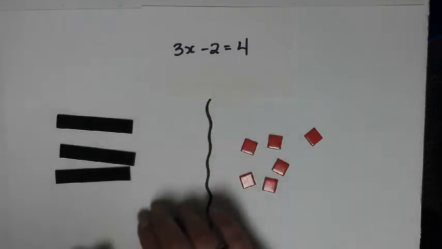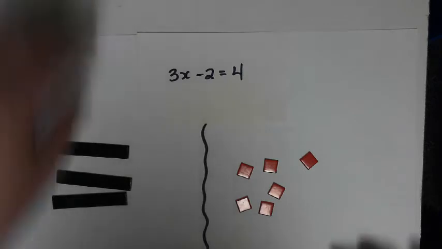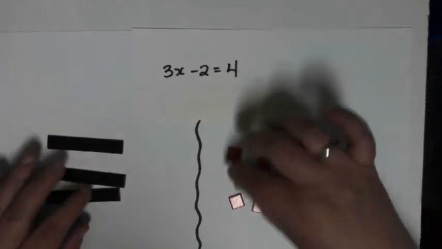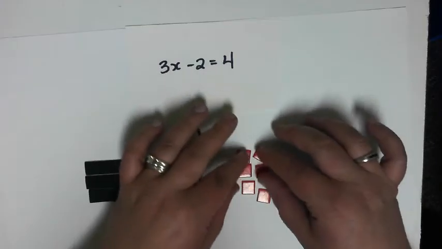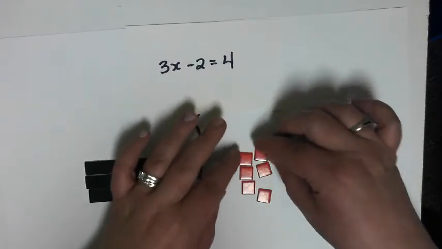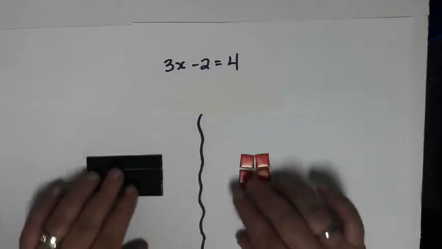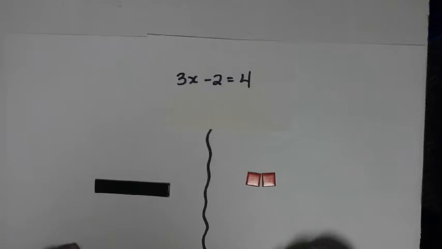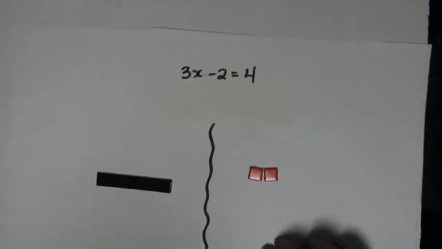Now I can zero that out, and I'm left with 3x plus 6. I'm going to see if I can divide these into 3 equal groups, and looky there, I can. I've got 3x is equal to 6. Since I can divide them into equal groups, I take those out, and I have x equals 2. Kind of neat.